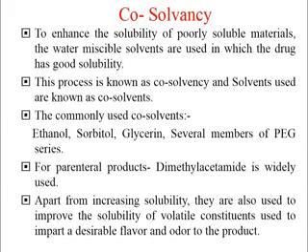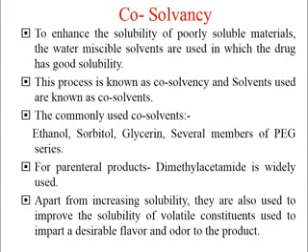When your drug does not have good solubility in your selected vehicle or solvent, we can enhance the solubility of the poorly soluble material by using another solvent. That other solvent, in which your drug has good solubility, is termed the co-solvent, and the phenomenon we call co-solvency.